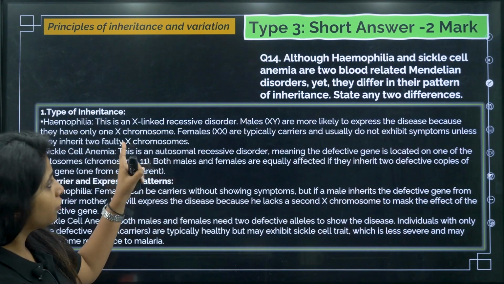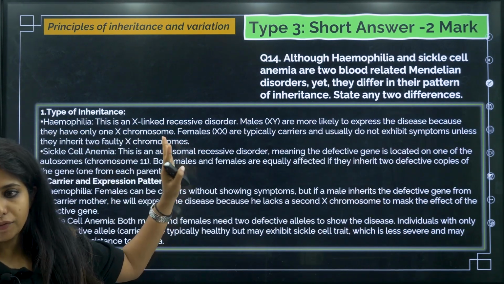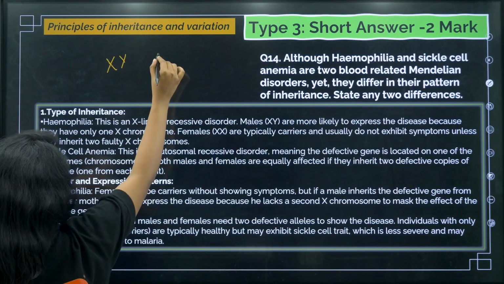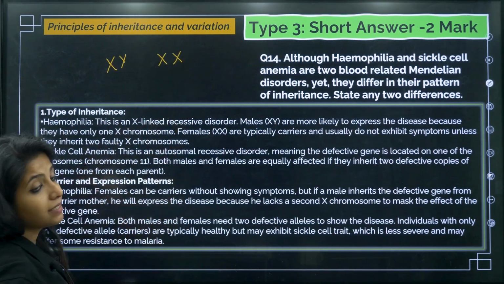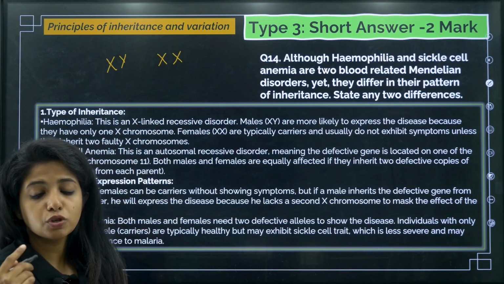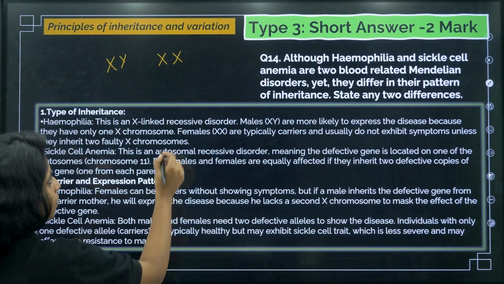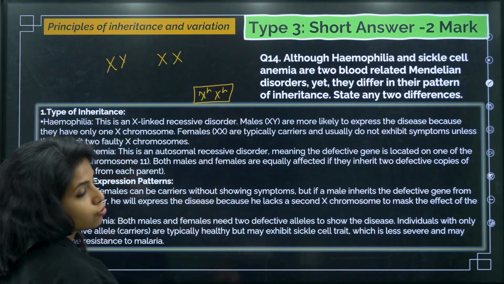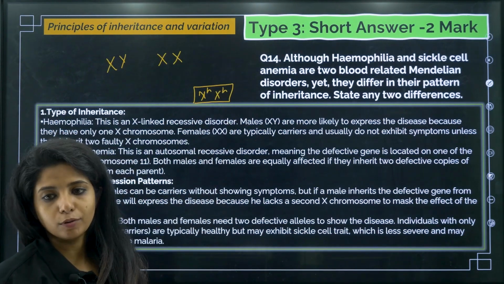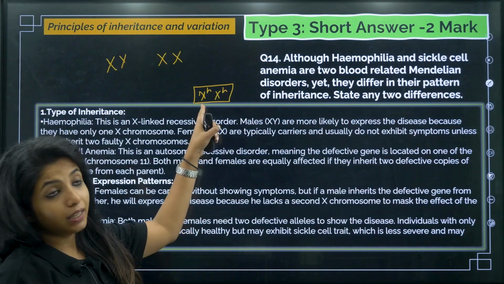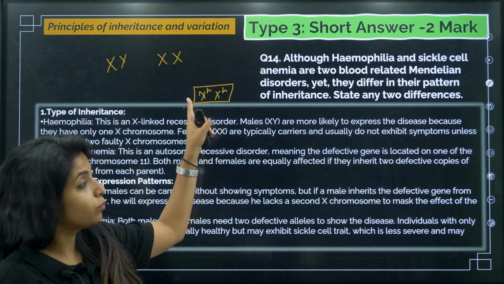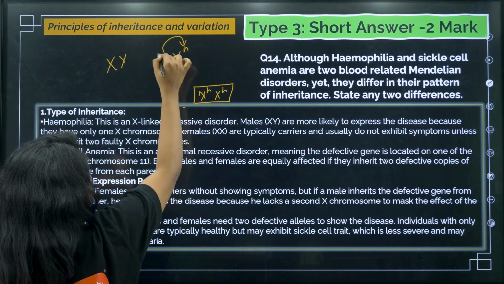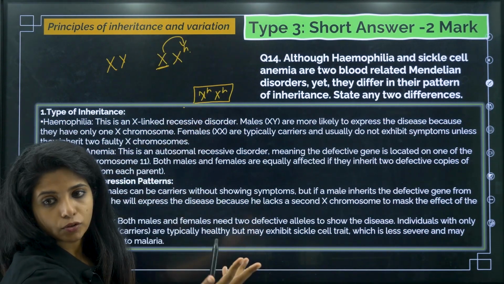Hemophilia is an X-linked recessive disorder, as in, for example, there is a male with XY and a female with XX, and it's recessive. For recessive characters to be shown, both chromosomes should have this, XH, then only it will show up. If one is normal, the normal one will overshadow the effect, because it's recessive, so it won't show up.